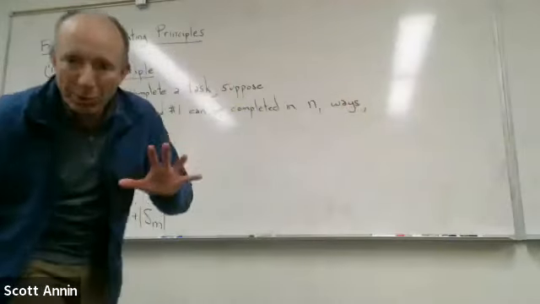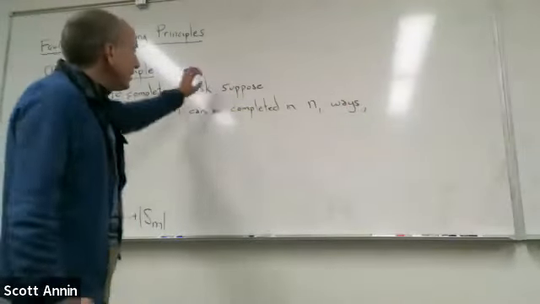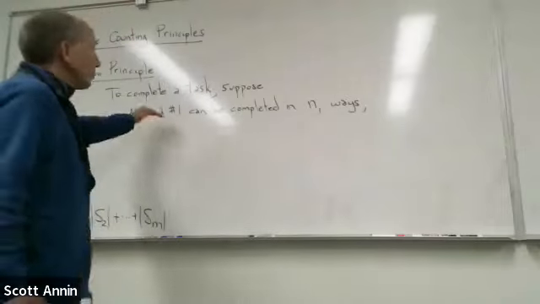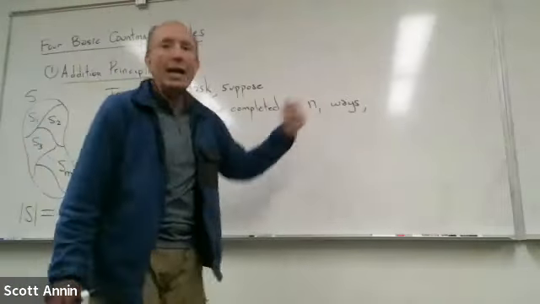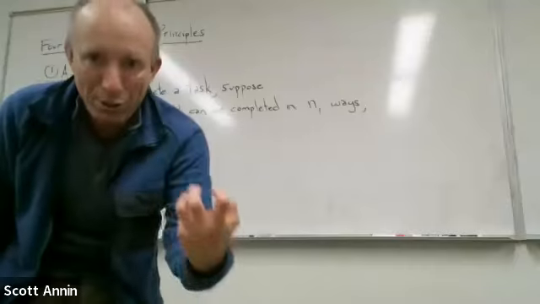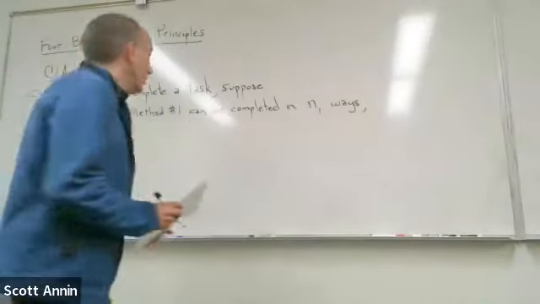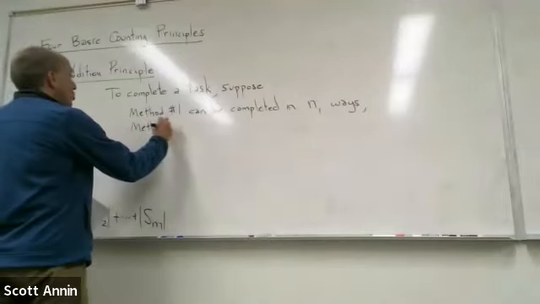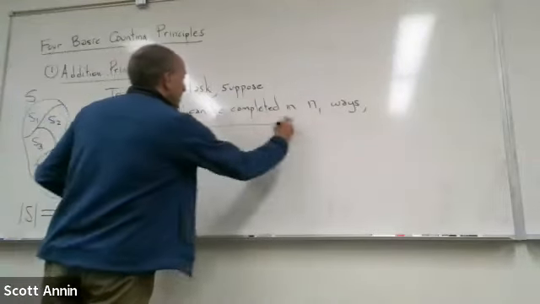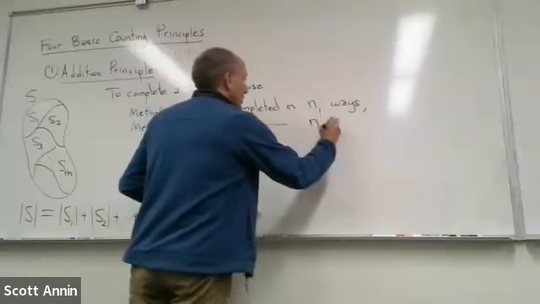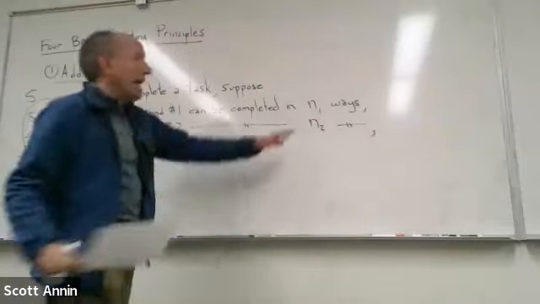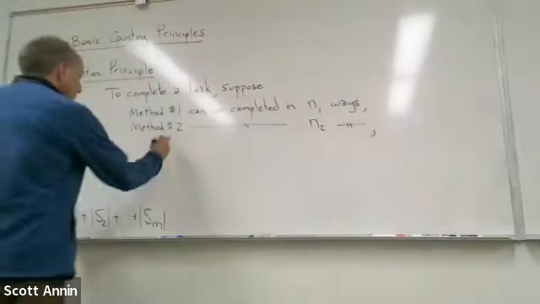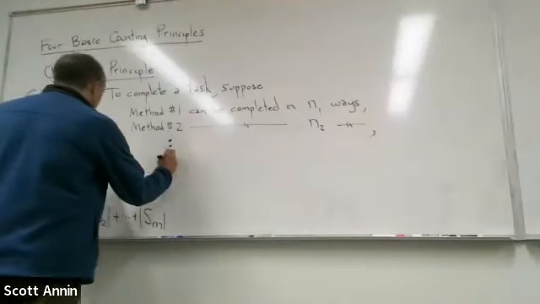So one possible method for completing the task might be what I'm calling method 1, and maybe there's N1 ways to do the task using that method. But maybe there's an alternative method, let's say method number 2, that can be completed, I'll use a ditto symbol here, in N2 ways, and so on and so on and so on.